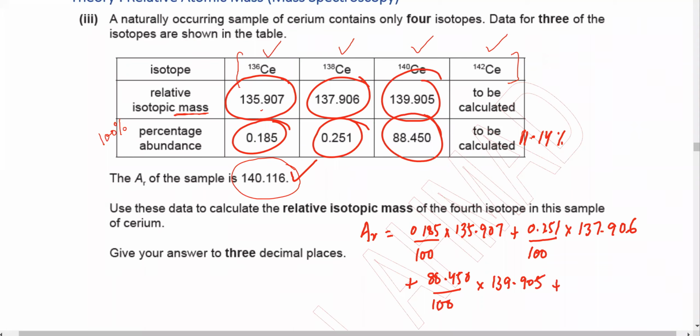And the last one is 11.14%, so it's 11.14 divided by 100, and I'm going to multiply it by the value which I don't know. So this over here is your X. And the AR is already given as 140.116. You can do the calculation.